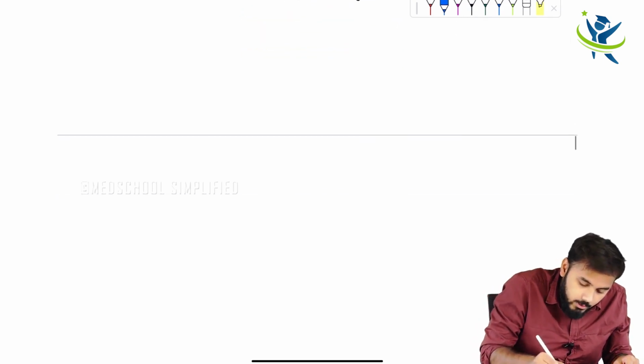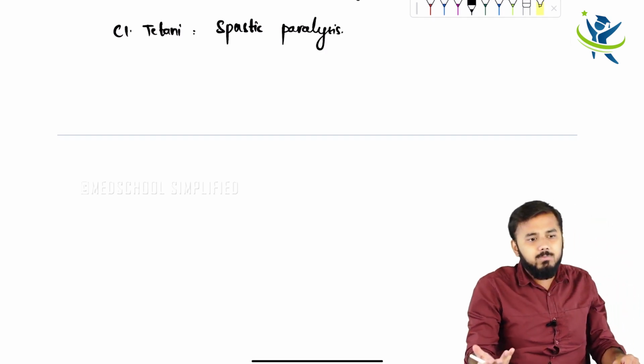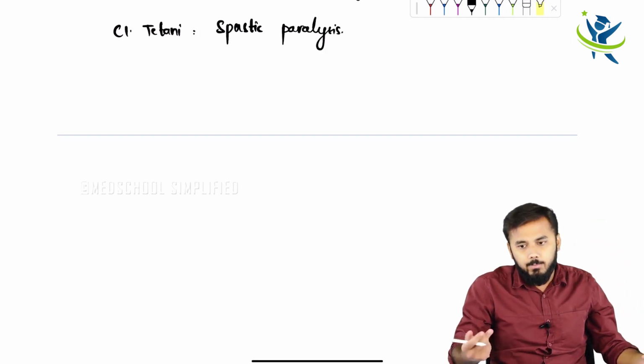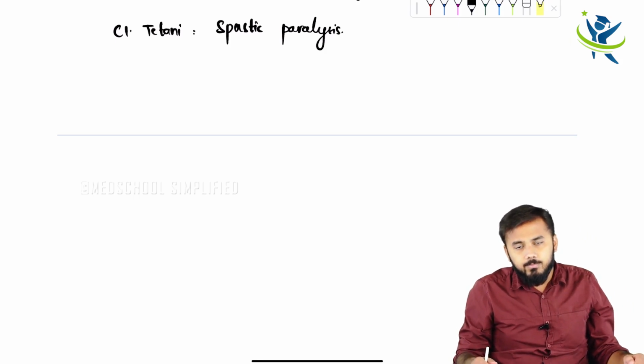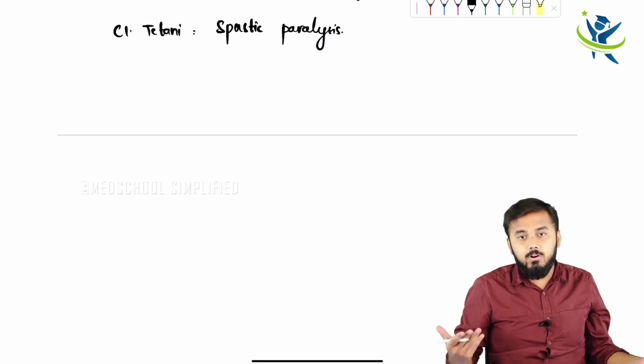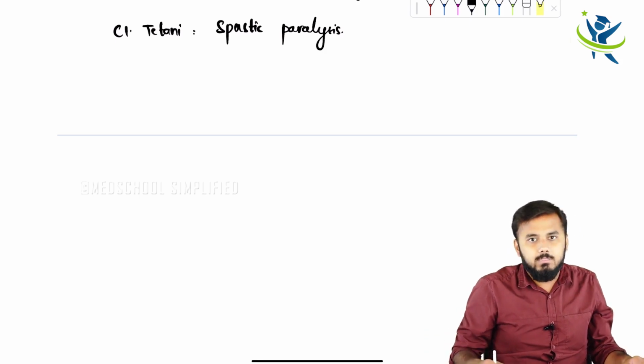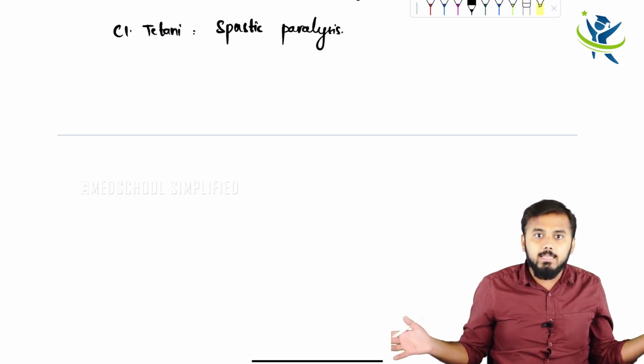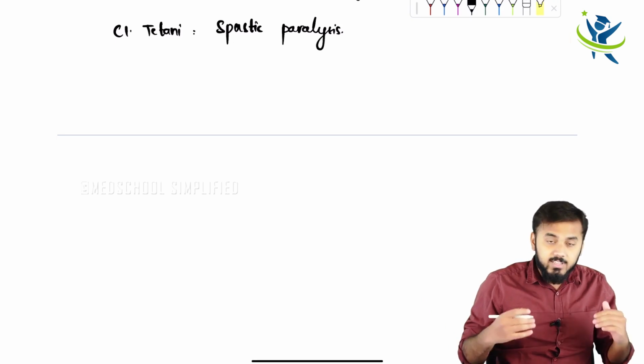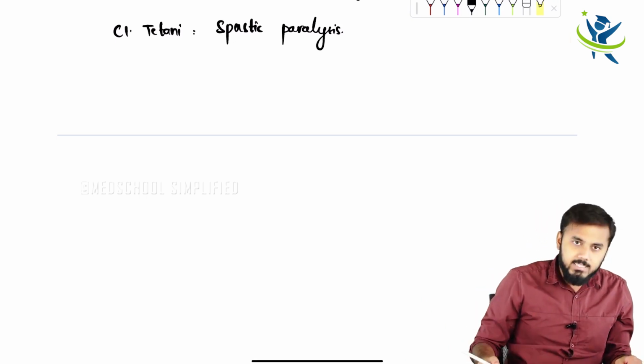So one very important thing I want to tell you, that in case of Clostridium tetani, there was severe contraction, and that paralysis is called spastic paralysis. All of you think paralysis means your arms and legs won't work. No. Even if the muscles are getting contracted for a long time, that is also called paralysis. Even if the muscles are not at all contracting, that is also called paralysis. But if they're contracting too heavily, it is spastic paralysis.